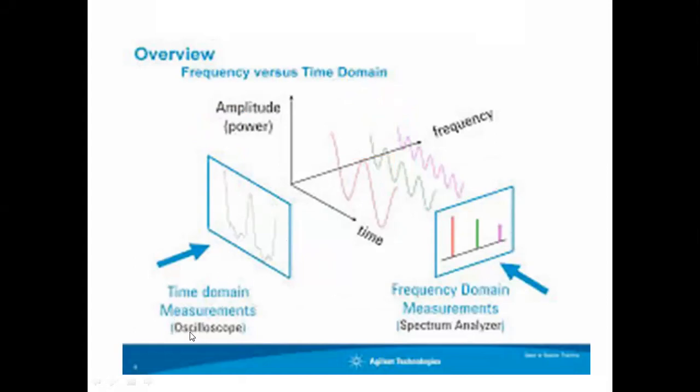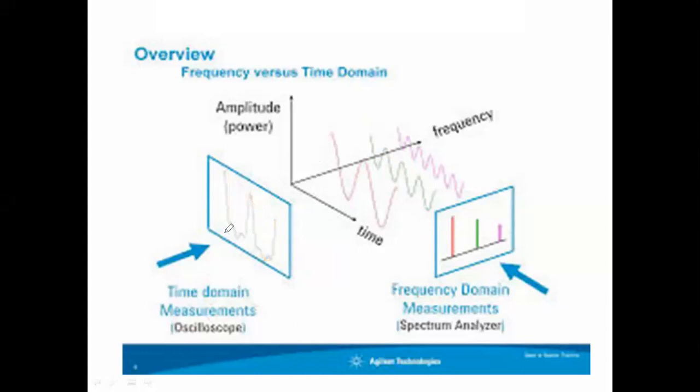Here, with the CRO, the general purpose oscilloscope, we will get the frequency signals in this way. In this waveform, a number of frequency components are mixed. The individual frequency signals are mixed and shown in this type of waveform.